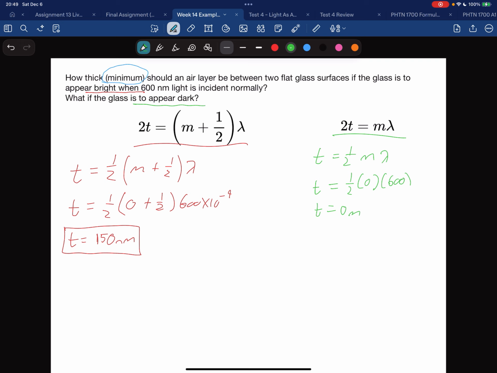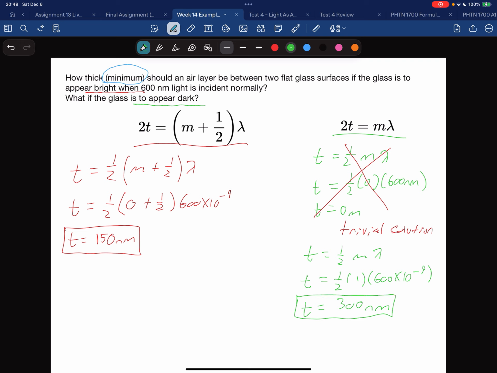So this is a trivial solution, not what we are looking for. So instead, we're going to take the next lowest possible m, which is just 1. And I guess what I should have written here was 600 nanometers, not just 600. This gives us a thickness of 300 nanometers.